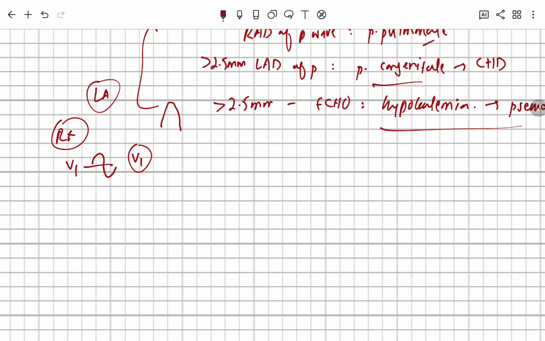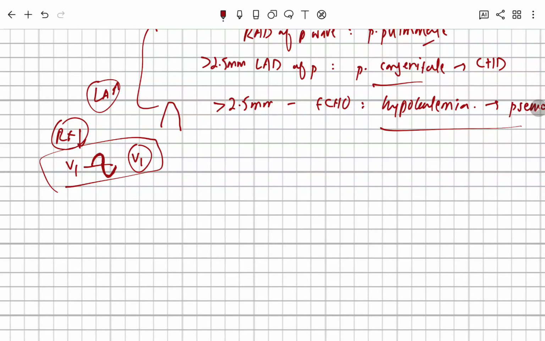When there's depolarization of right atria, we find a positive wave in lead V1 because the vector is following lead V1, so we have positive deflection. When there's depolarization of the left atria, we have the opposite vector, so we find a negative P wave in lead V1. This is a normal variation of P wave seen in lead V1.